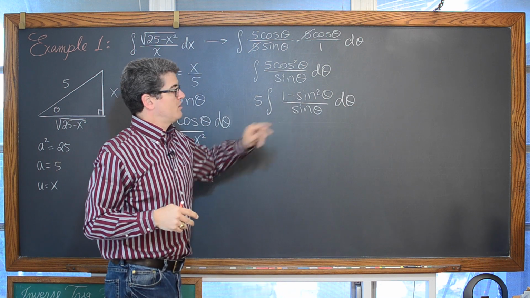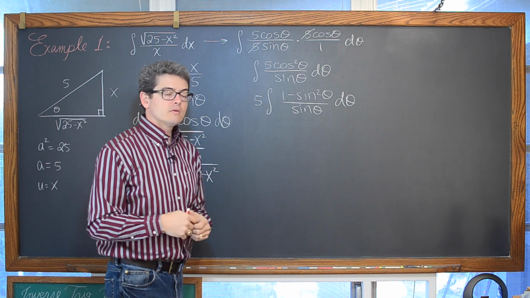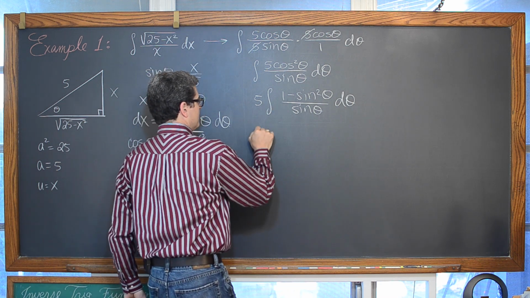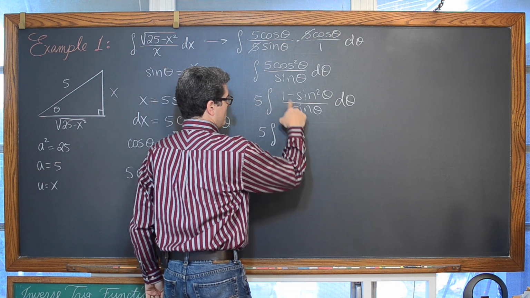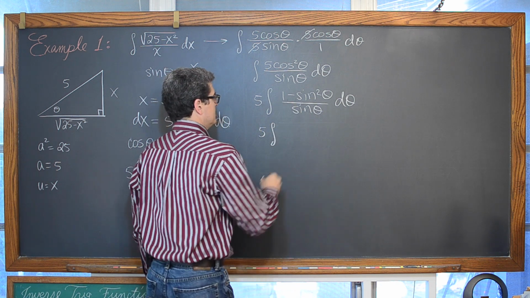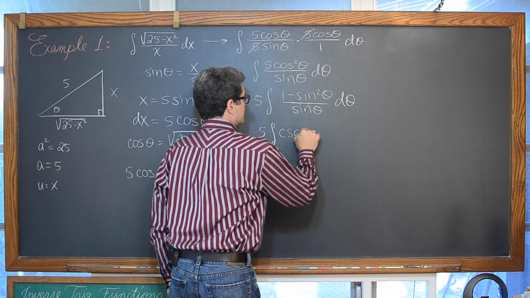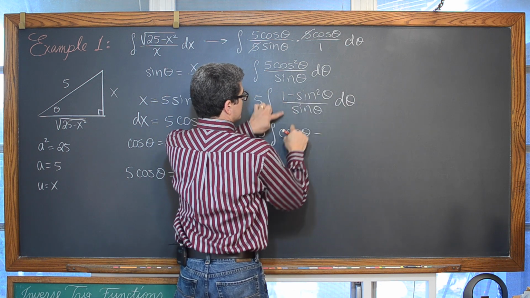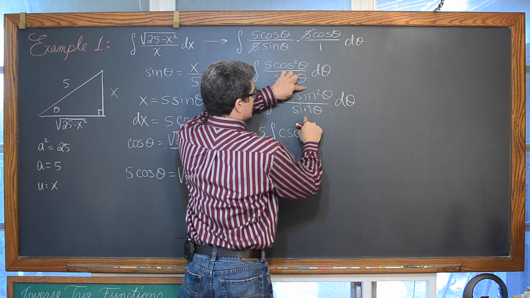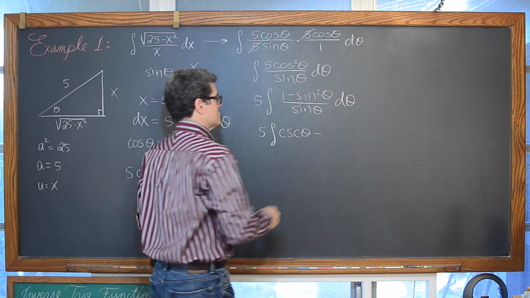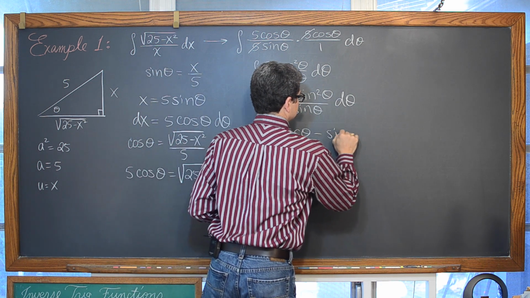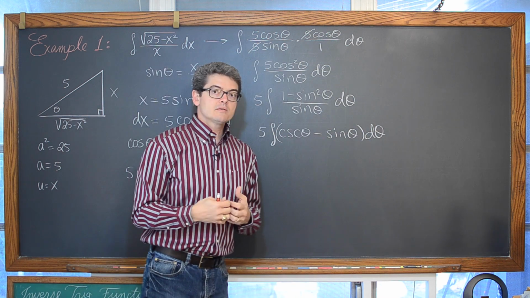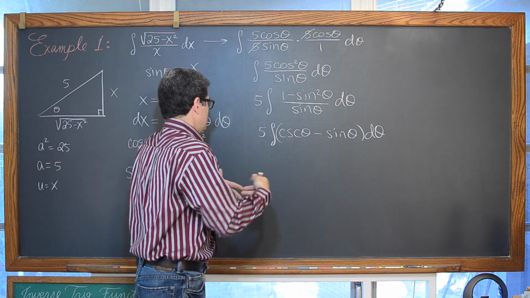Now I have 2 terms in my numerator and 1 term in the denominator, so I can split it up and write 5 times the indefinite integral of 1 over sine, which is, of course, cosecant of theta, minus, again pulling this apart, sine squared over sine, and that'll cancel out to just simply be sine. And now I have two terms that you can easily integrate.